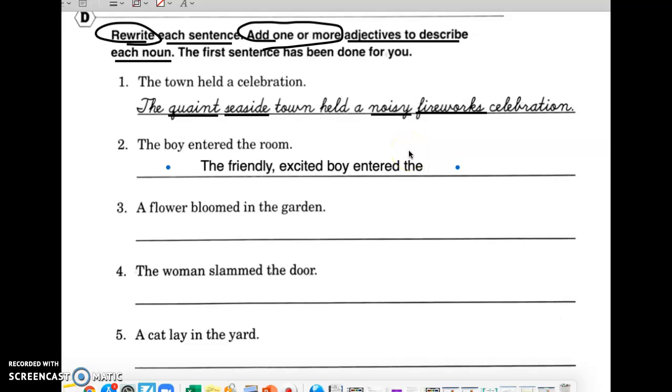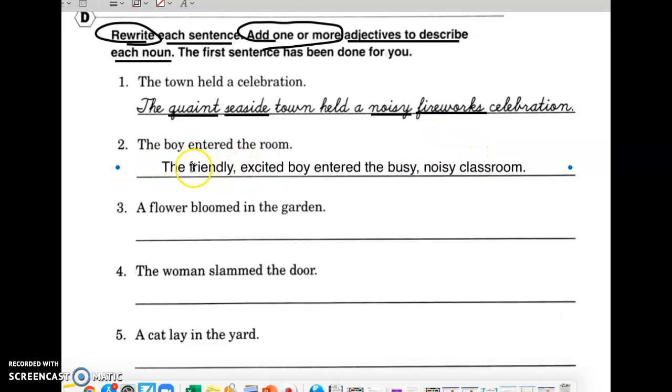The friendly, excited boy entered the, how about busy, noisy classroom. Okay, now I know that it's not just a room, but it's a classroom. I even upgraded the word itself. We're entering a busy and noisy room too.